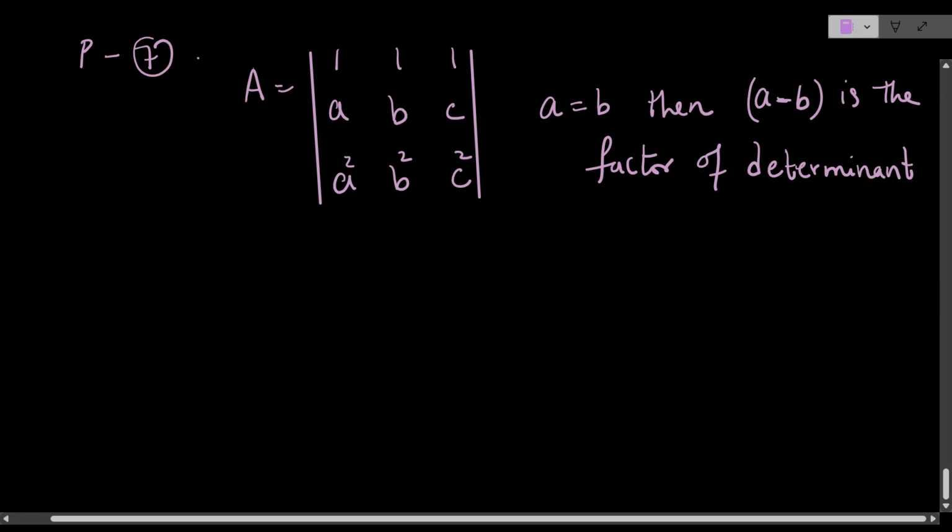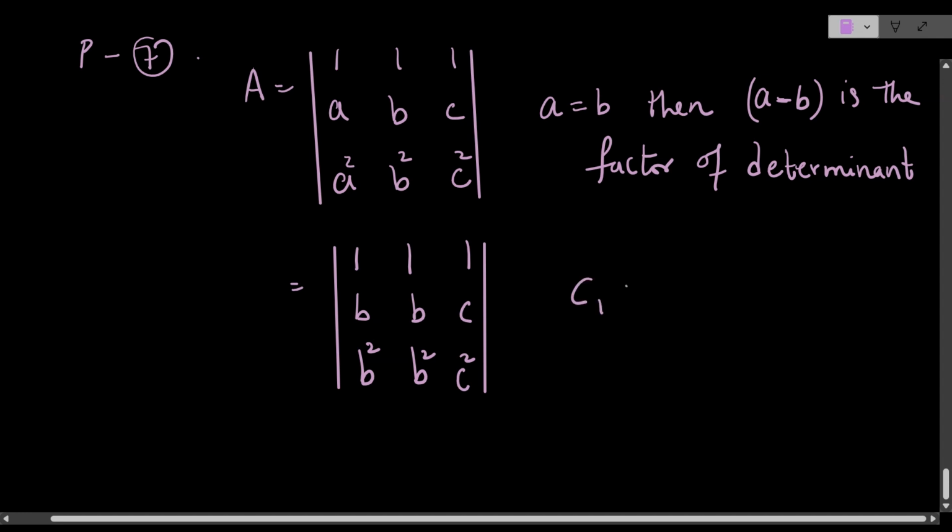So what will happen? Let us check here. If A is equal to B, this becomes 1, 1, 1, B, B, C, B square, B square, C square; in place of A, we write B. Here column 1 is identical to column 2.